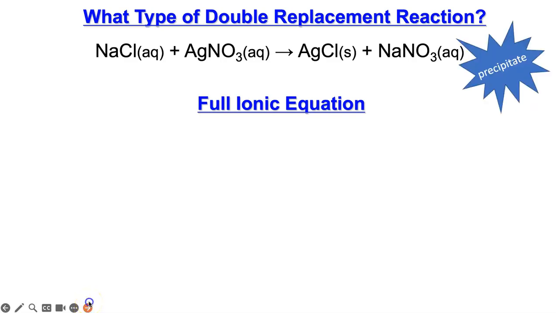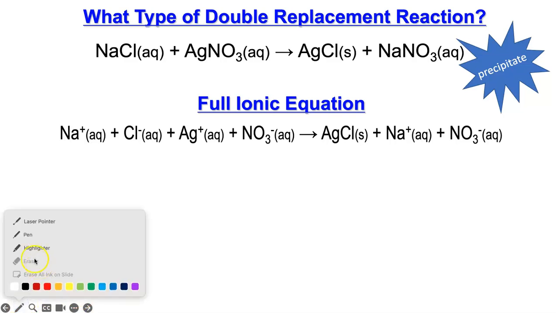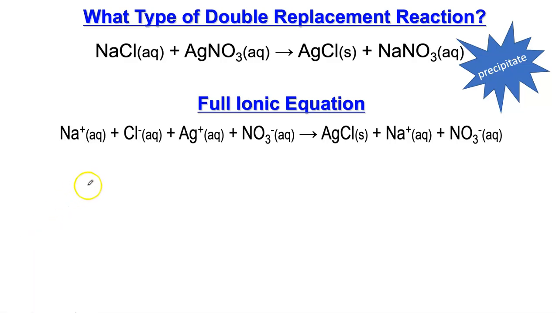We're going to go through each of those to do that, except for the AgCl, because this is our solid precipitate. We're going to be taking a look at what ions we need to get to that solid precipitate. We're going to need silver, and we're going to need chloride to get to that solid precipitate.